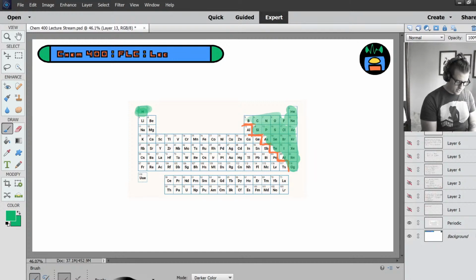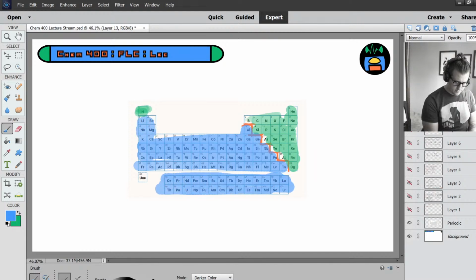All right, these are our nonmetals, and then our metals you can find on the other side of this railroad track, and down here as well. So these are our metals, and in green, these are our non-metals.